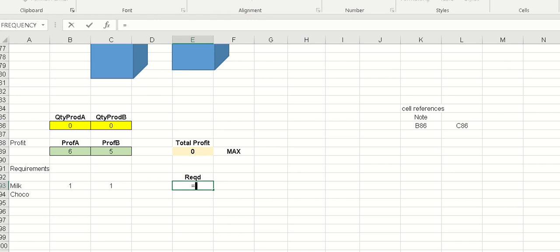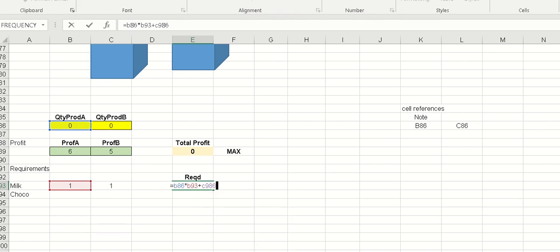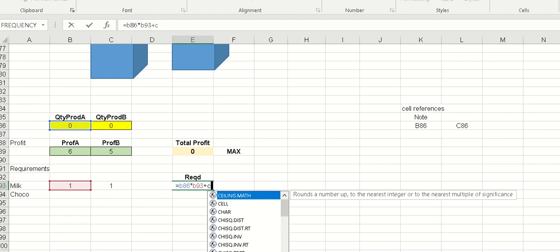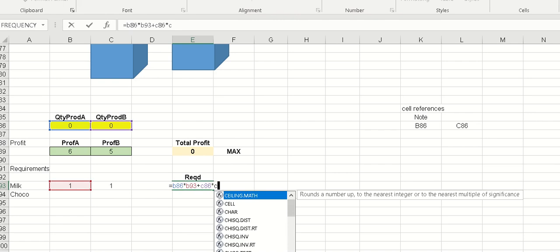So we'll do like this: B86 times B93, 93 being this one. Okay, and plus C86 times C93.